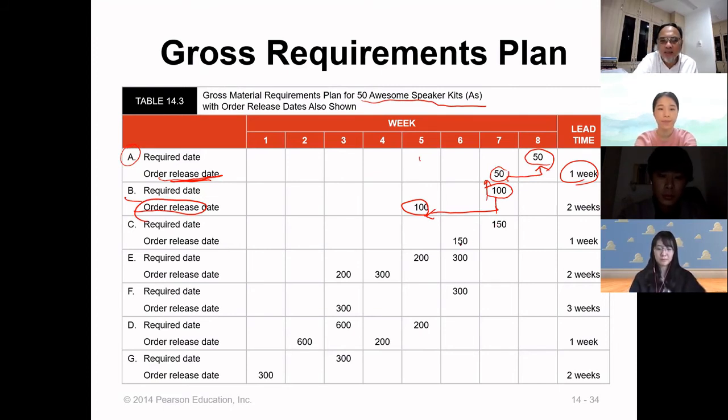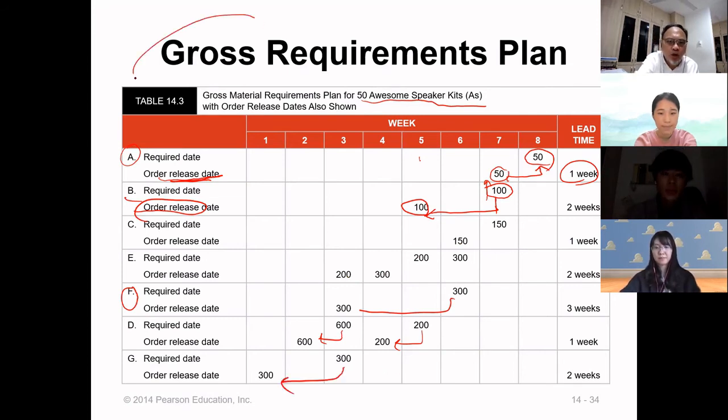Okay, so you can see for E and for F, as well as D and G. A, B, C, D, E, F, G. Okay. Any question? This is gross requirement plan.